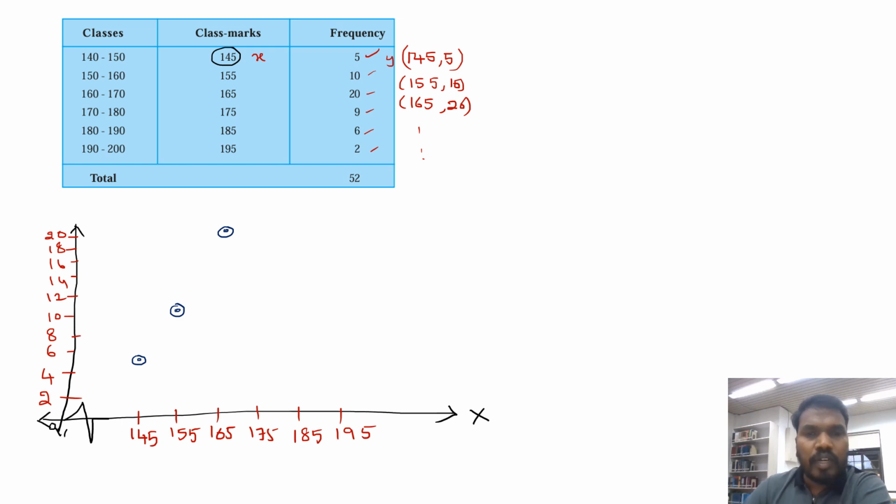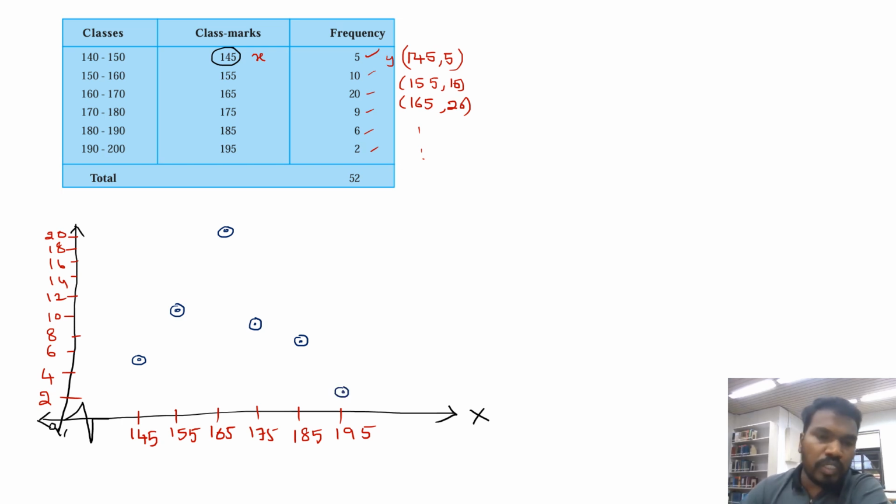Okay. And 175, 9 is here. And 185, 6 is here, so this one. And 195, 2.